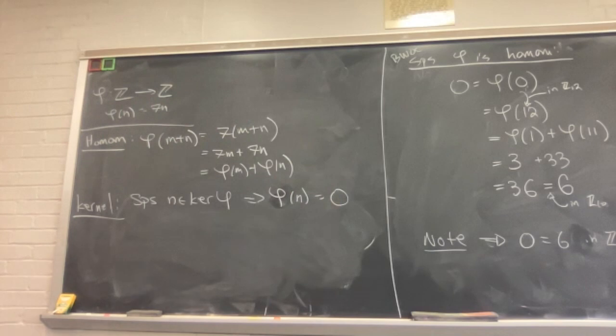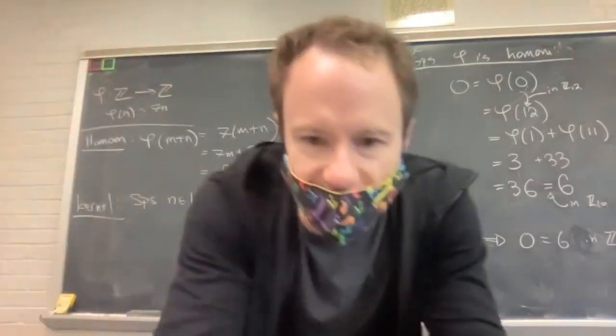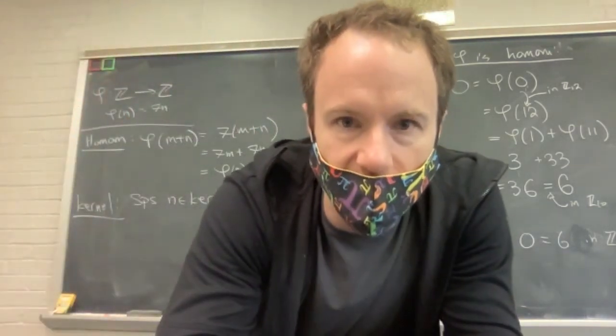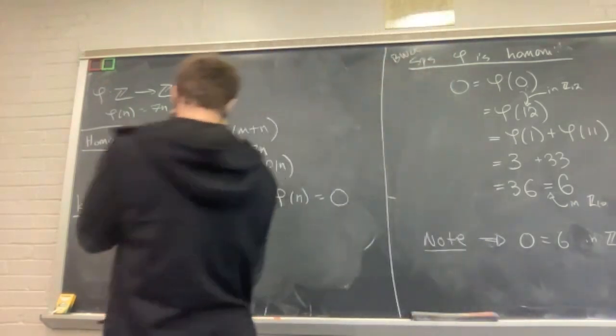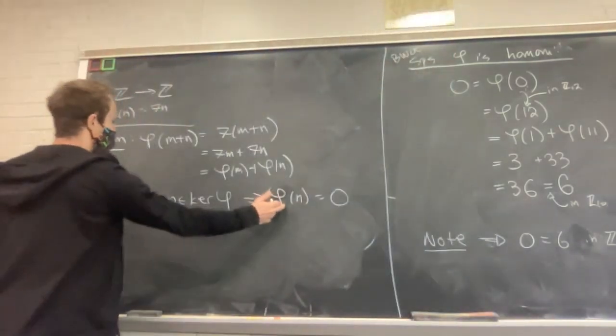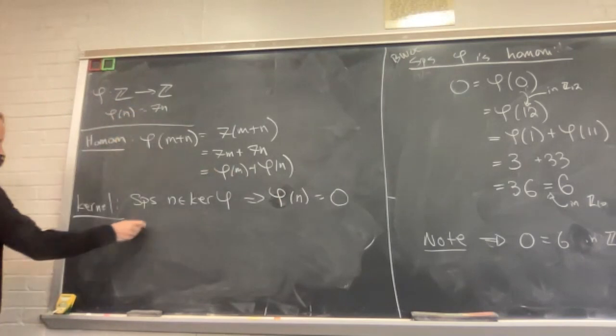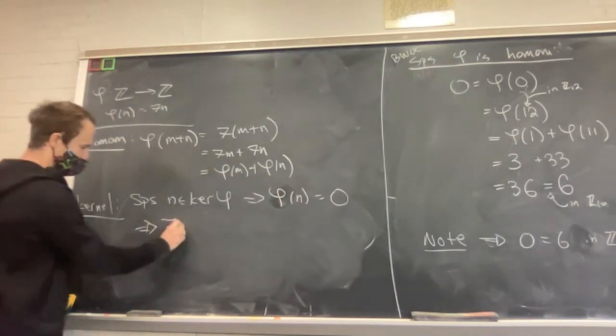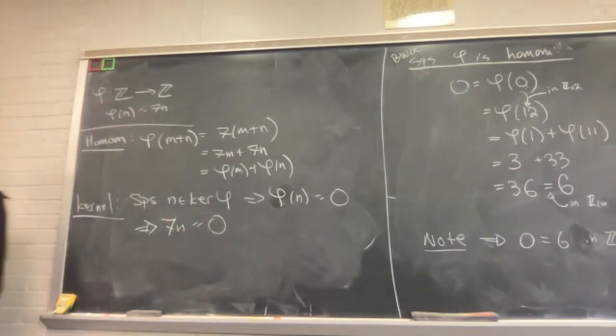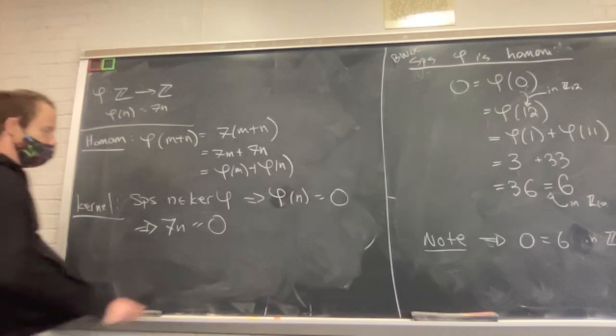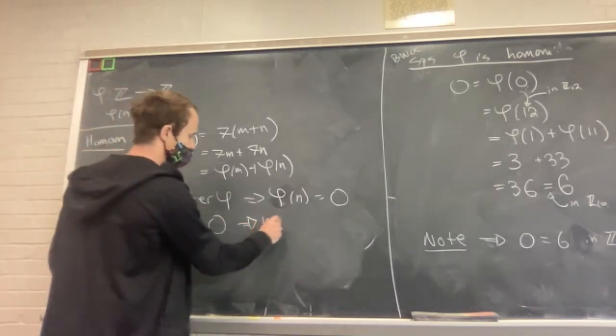You get sent to the identity. The identity, since we're working over additive integers, is 0. But now we know what phi does, takes n to 7n. So that tells us that 7 times n equals 0. But then we're working in integers, right? So if 7 times n is equal to 0, then n is equal to 0.